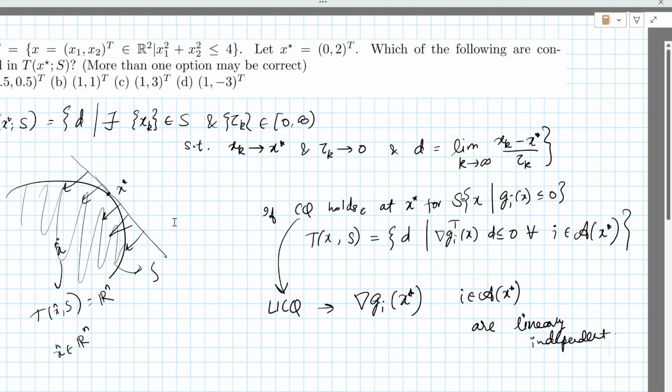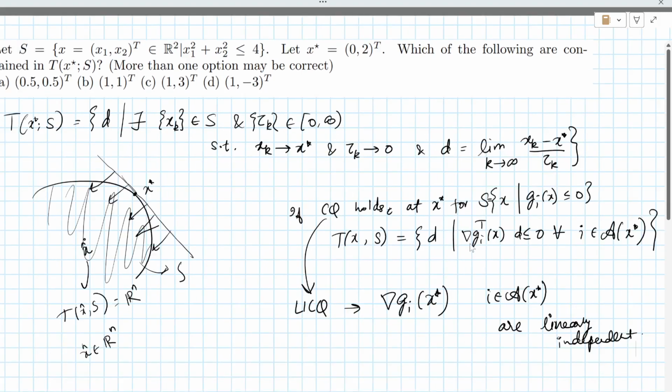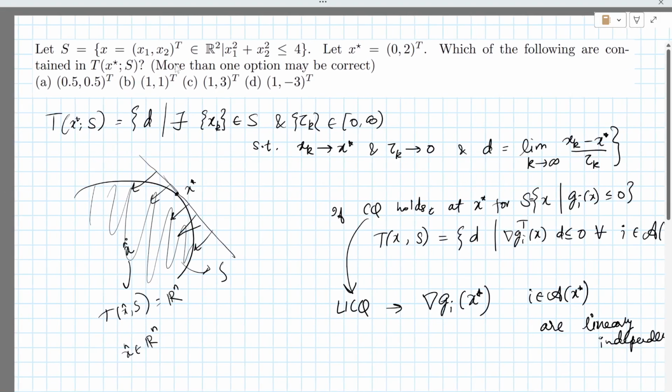So if this holds, then we have constraint qualification which holds. So then the tangent cone is defined as this. So this we can check in this case.